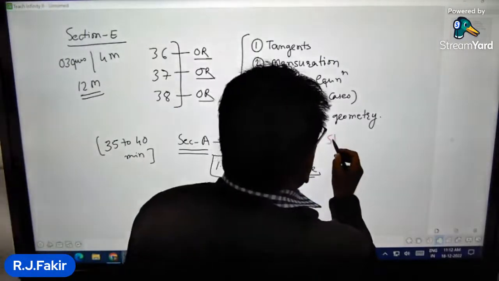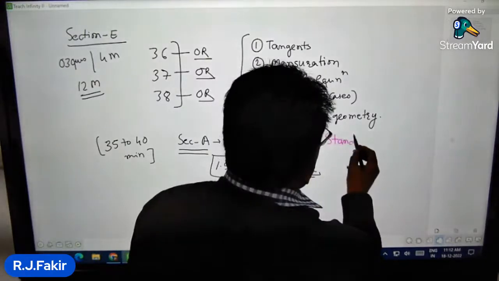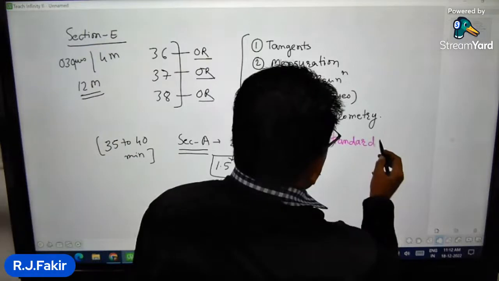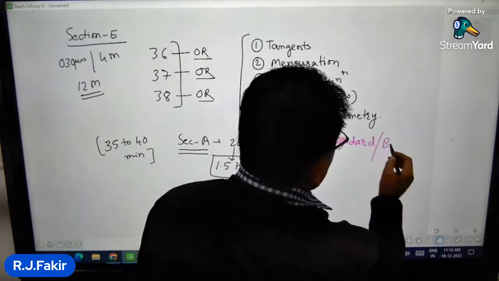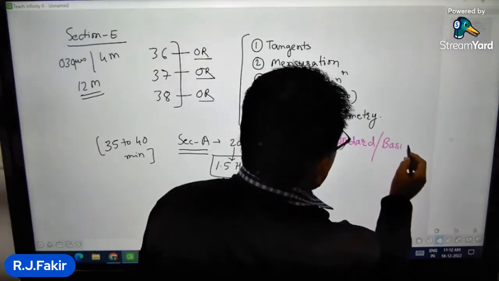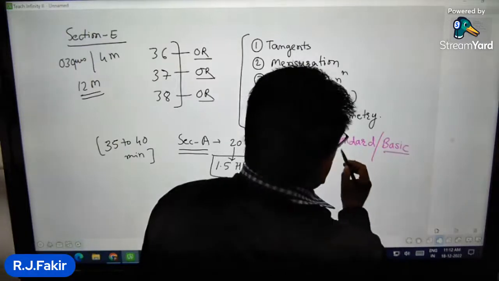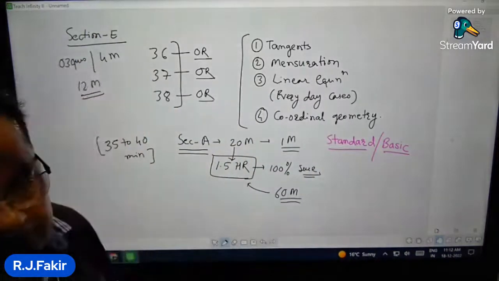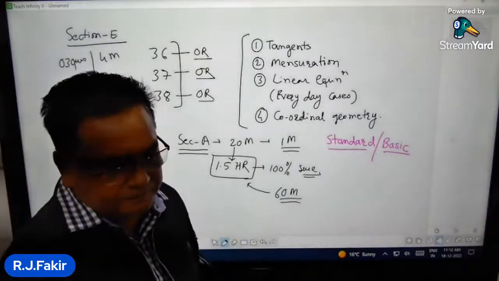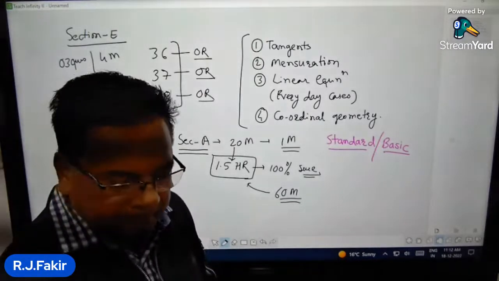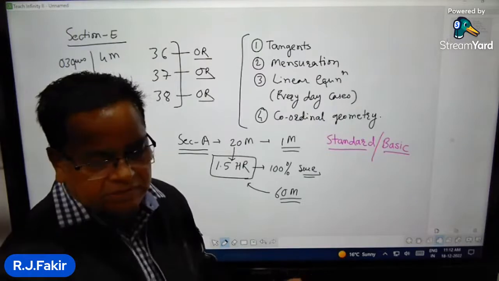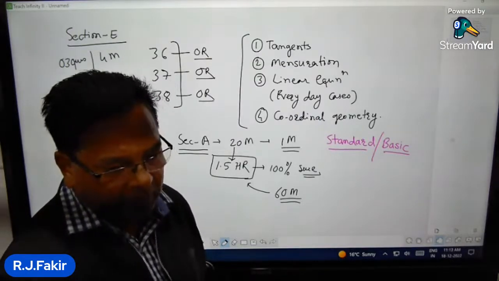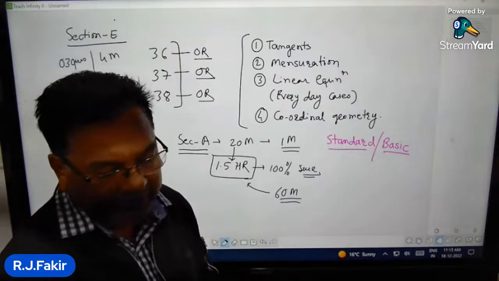One is standard and another is basic. The pattern for both of the systems is same. The pattern has no difference. The sections, the questions, everything, the weightage, everything is the same. Only the difference is there in the difficulty level.